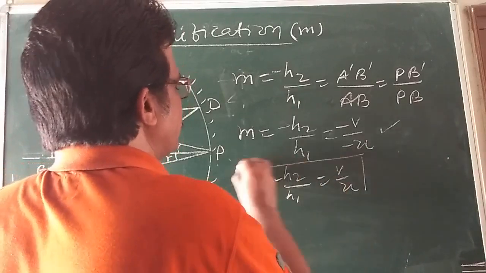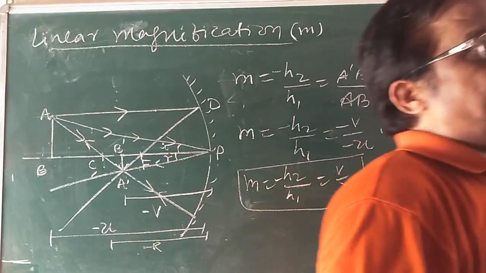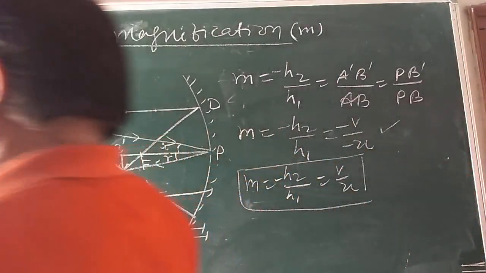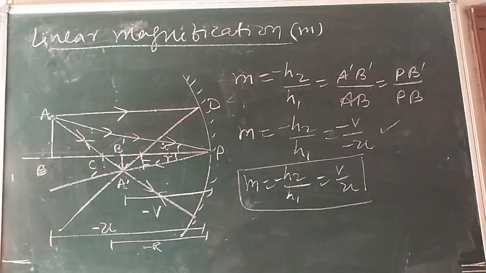This is the formula for the magnification of such a mirror. M is negative here for a concave mirror.